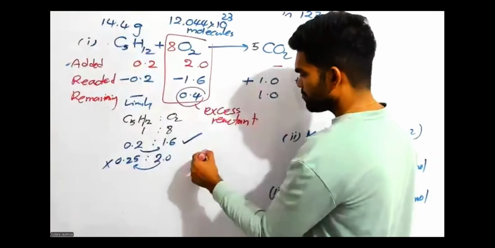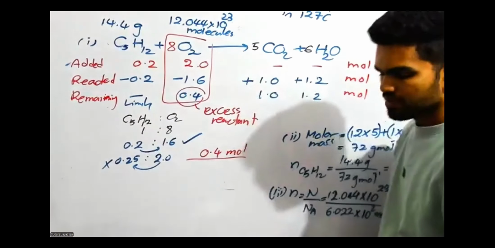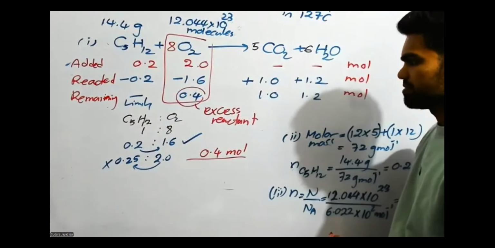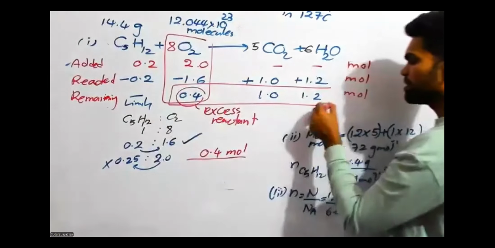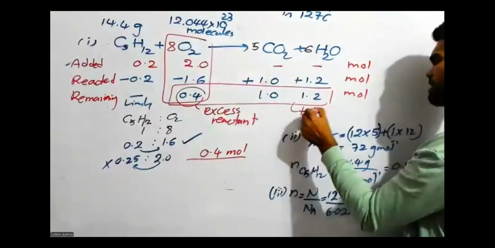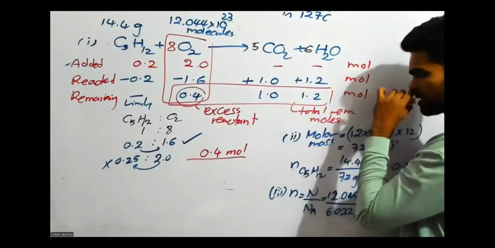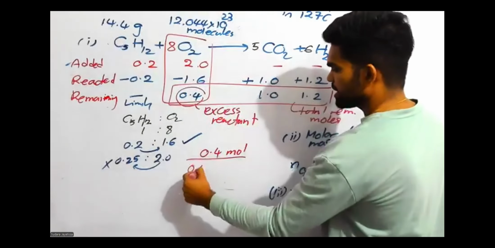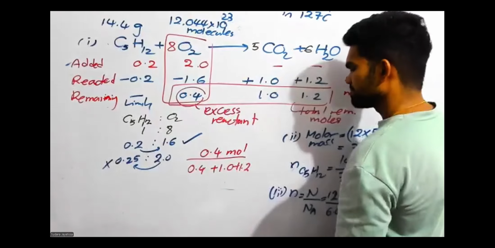So you have 0.4 moles of excess reactant. How many total moles were there? When you count the total moles, you need to add all the remaining moles. So you have to add 0.4, 1.0 and 1.2.